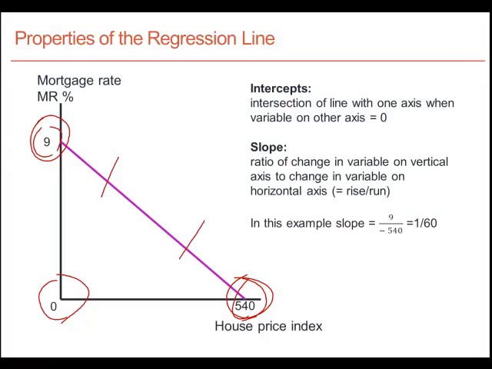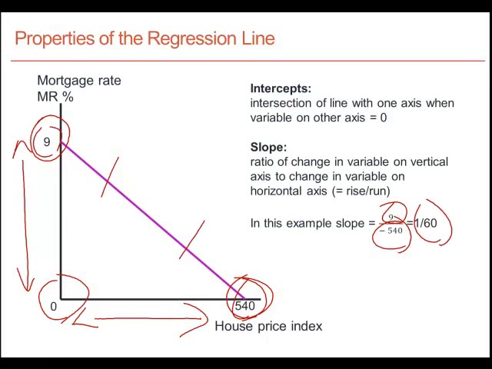It is the vertical distance of 9 divided by the horizontal distance 540, and that is 1 over 60, and we have a negative sign in here as well. This is negative because the relationship is downward sloping.